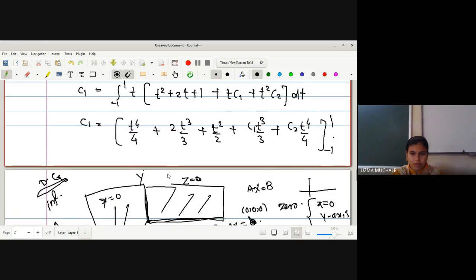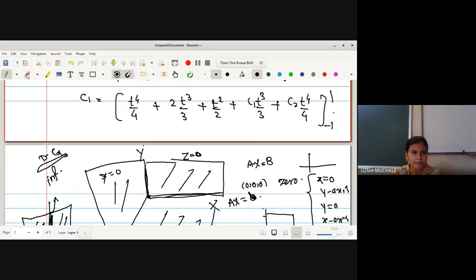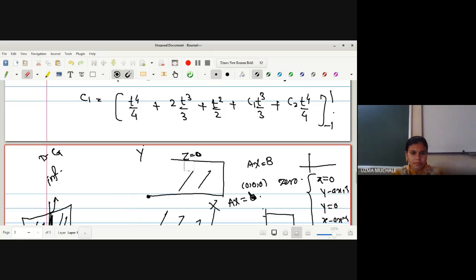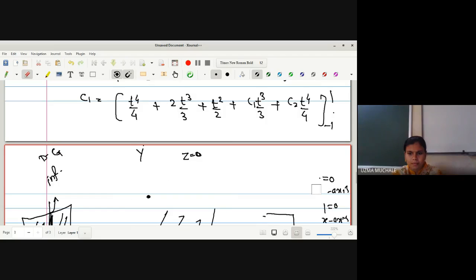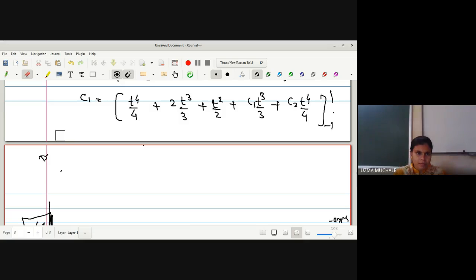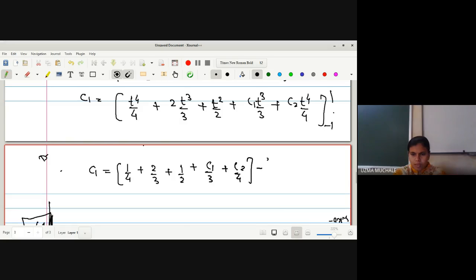Now we have to put in the limits and find the answer. c1 is equal to, putting the upper limit: 1 by 4 plus 2 by 3 plus 1 by 2 plus c1 by 3 plus c2 by 4, minus, putting the lower limit, it will be again 1 by 4.